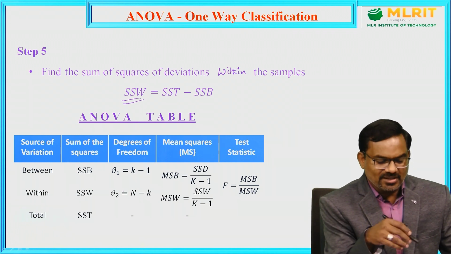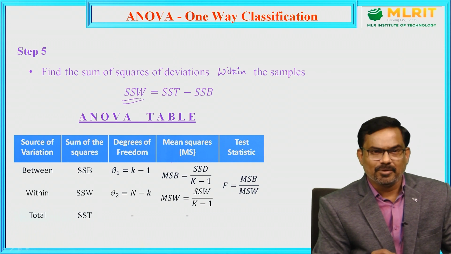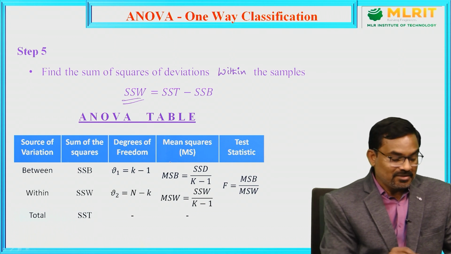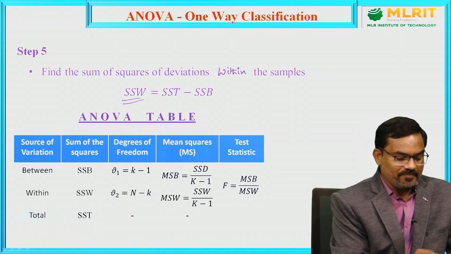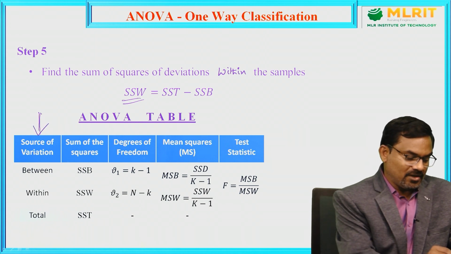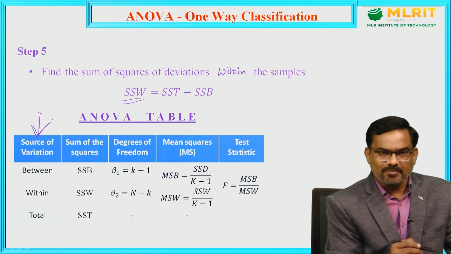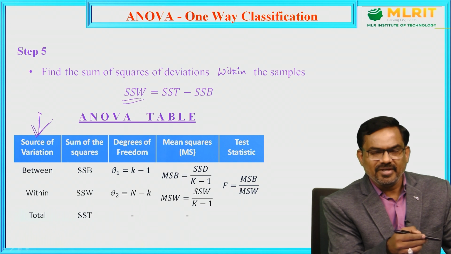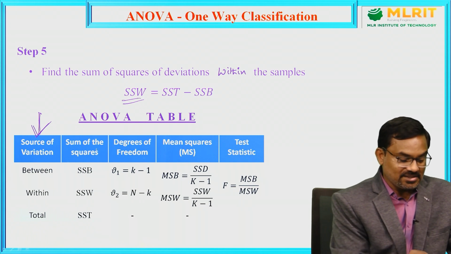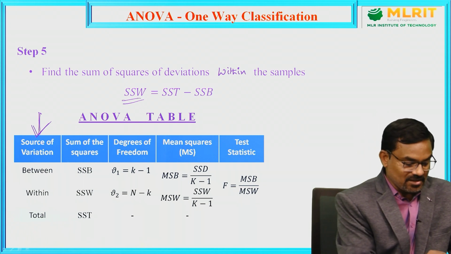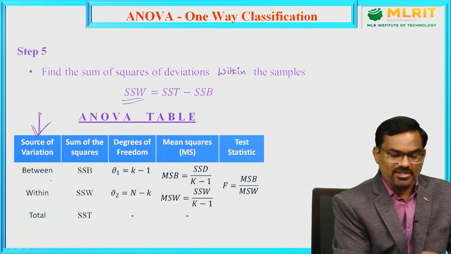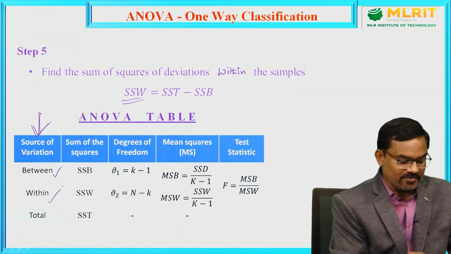After finding all this, we can construct this table, which is called ANOVA table, source of variation. So, from which source we are calculating, that means whether we are calculating between or within, and second, sum of the squares. So, since source of variation is having two things, between and within.